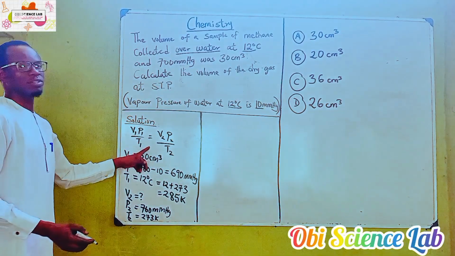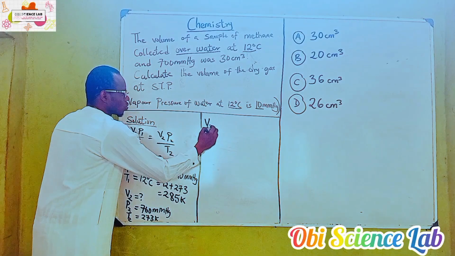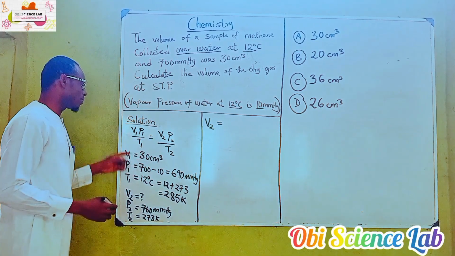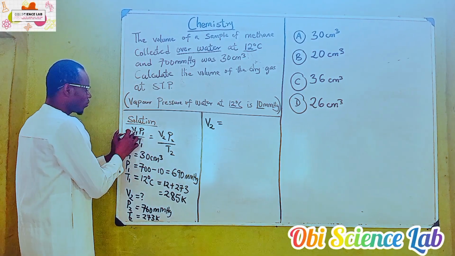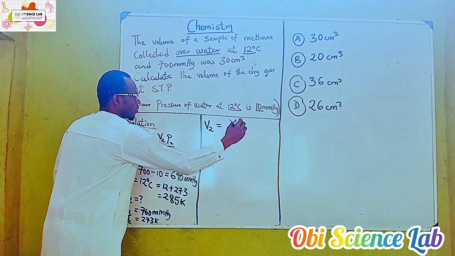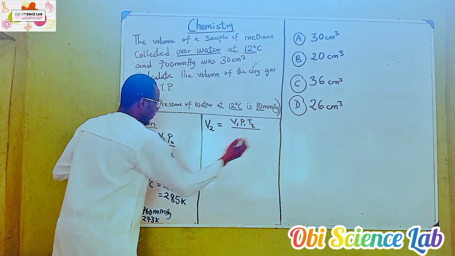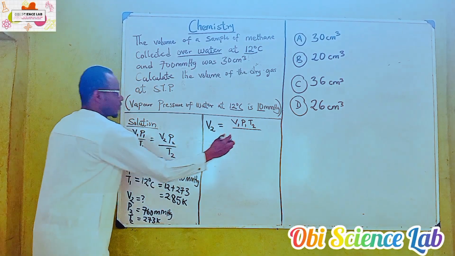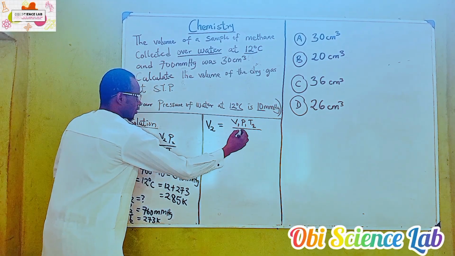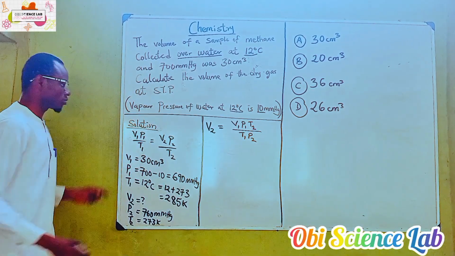So we're making V2 the subject of this formula. And when we do that, V2 is going to be V1 P1 T2 divided by T1 P2. So V2 is equal to this.